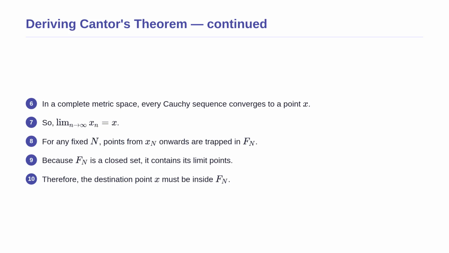It ensures the target point is actually there and not a hole. Now, for any fixed number n, all the points in our sequence from xn onwards are trapped inside the set Fn. Because Fn is a closed set, it contains all its limit points. This means the final destination x of this trapped sequence must also be inside Fn.